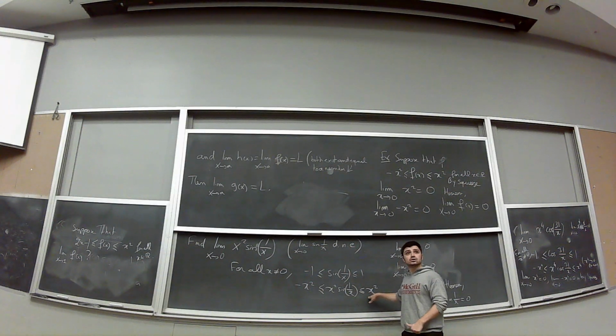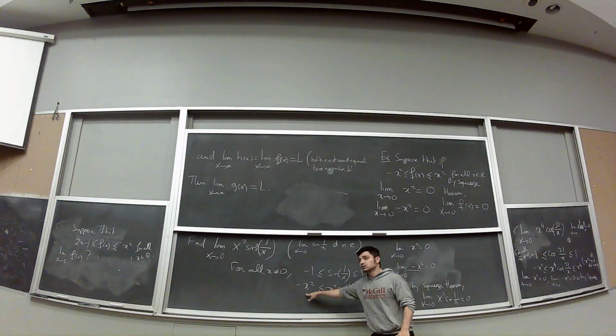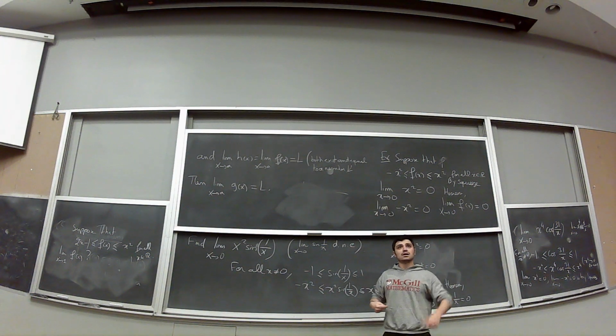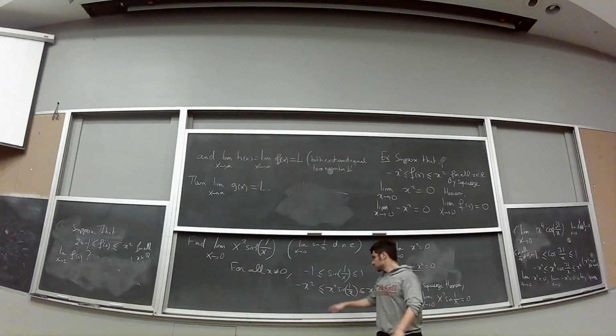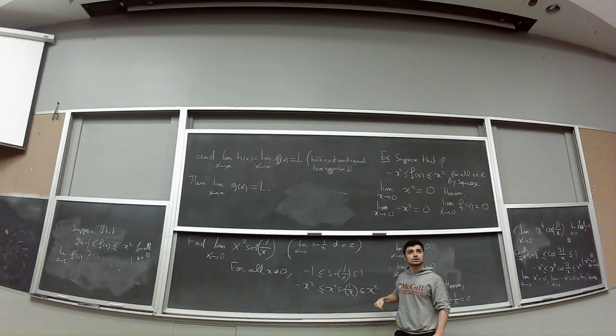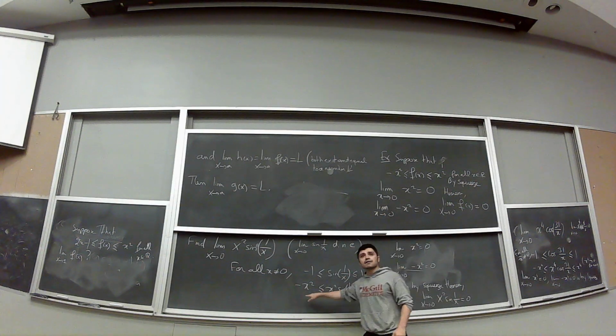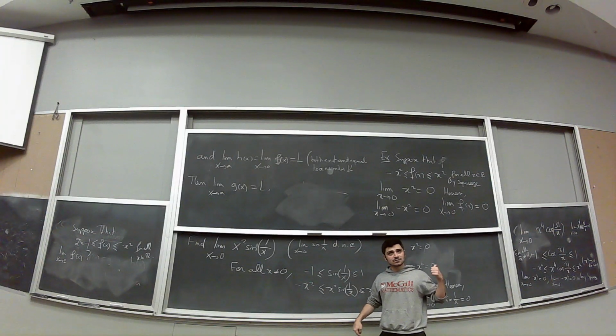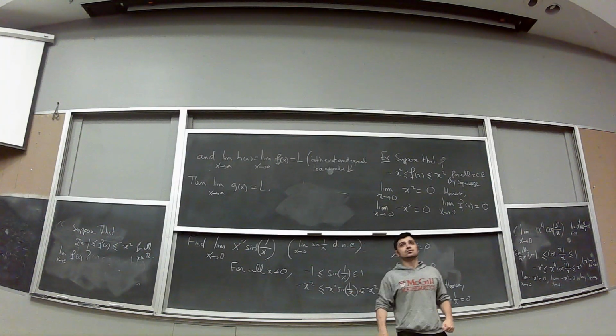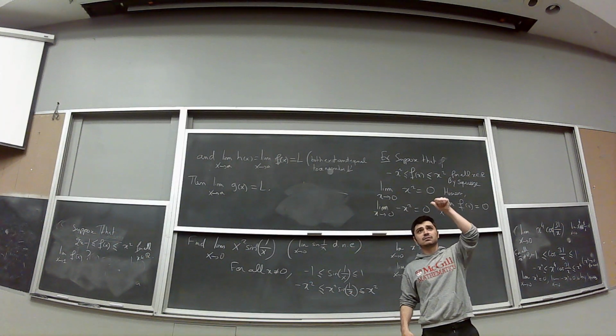G is less or equal than H, right? G is bigger or equal to F. Right? And then let's say, the squeeze theorem: F is less than G is less than H. H and F go to 0, right? So the middle will go to 0. Is that clear?